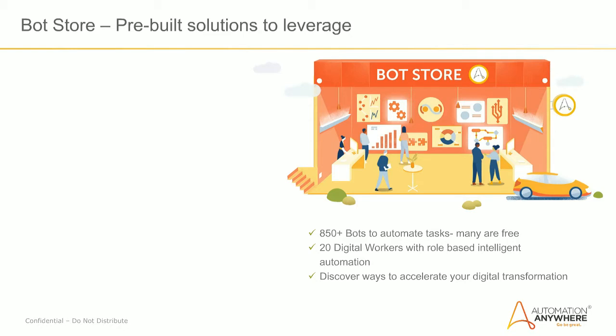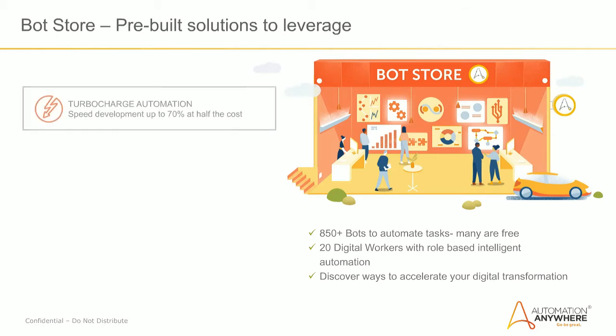We have, I think, circa 20 digital workers as well. These are bots that are designed to carry out end-to-end roles, so they can think, they can act, they can analyze, and essentially this is just a huge catalogue of opportunity that you can peruse and perhaps get ideas as to what you could look to automate next.